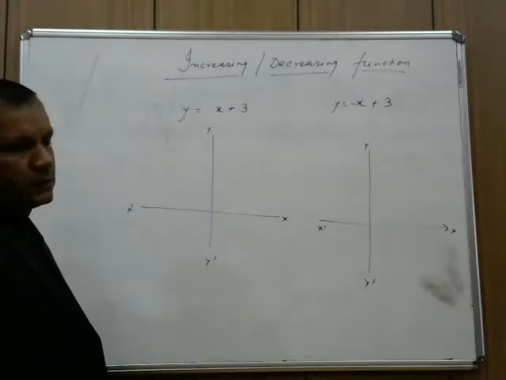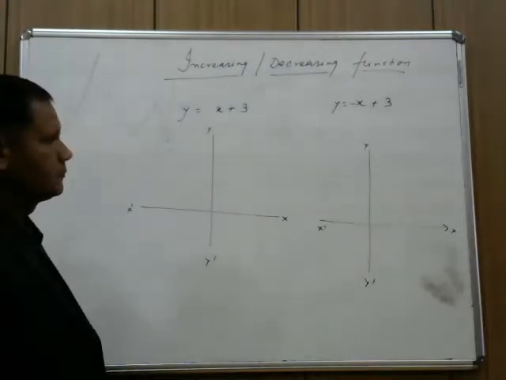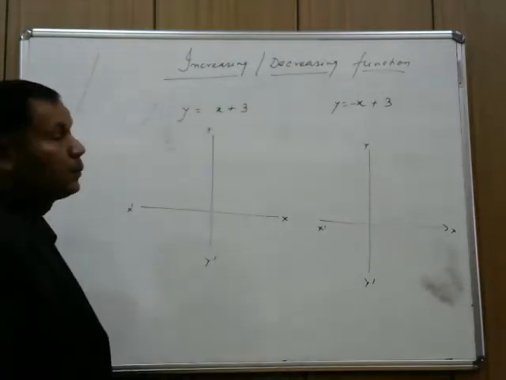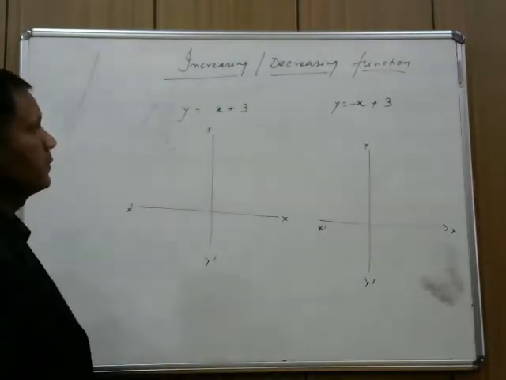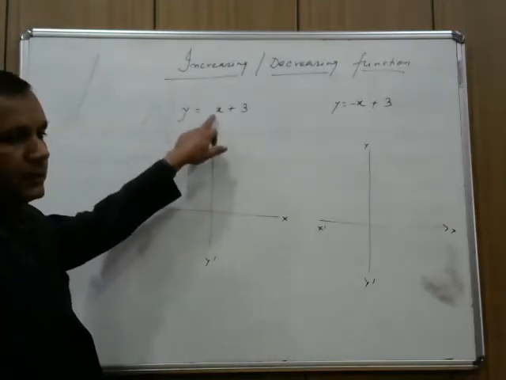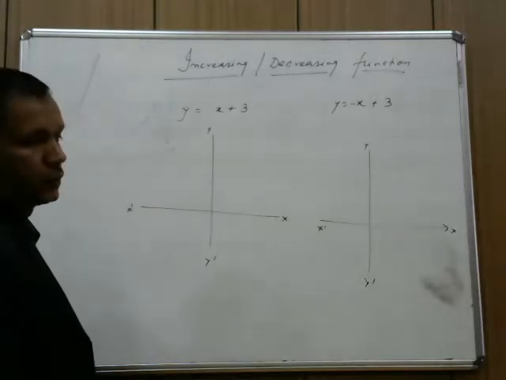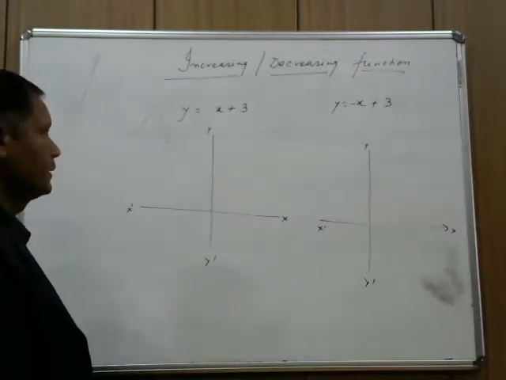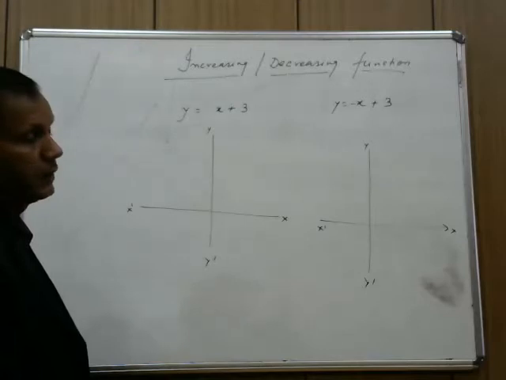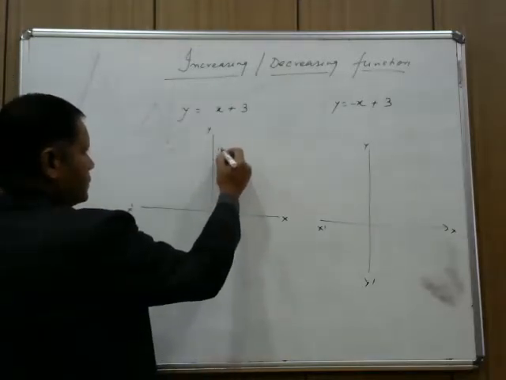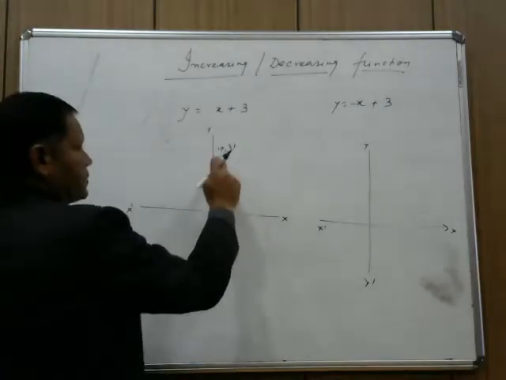Y is equal to x plus 3. If you compare this equation with y is equal to mx plus c, the slope of this line is 1. And if I put x is equal to 0, y will be 3, so one intersection point is (0, 3).